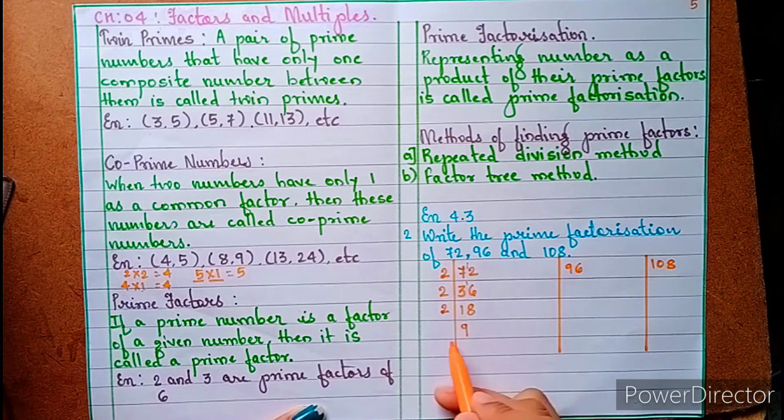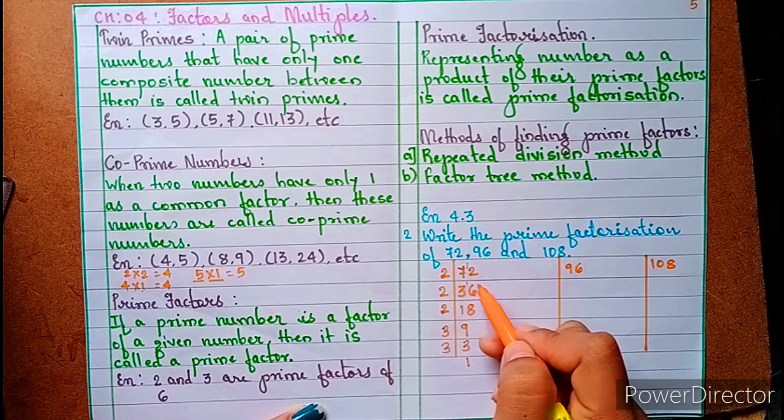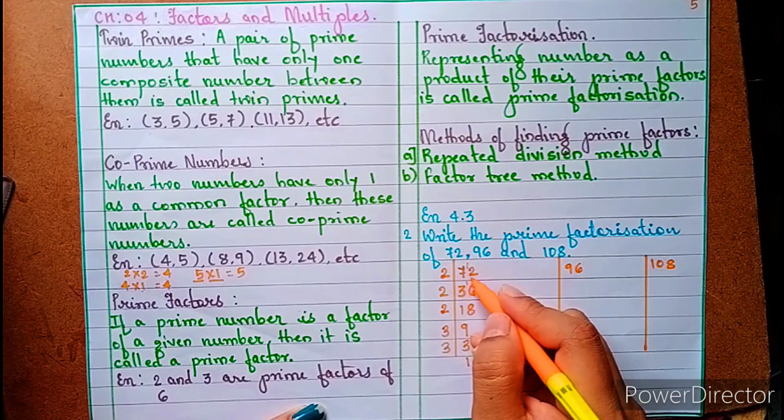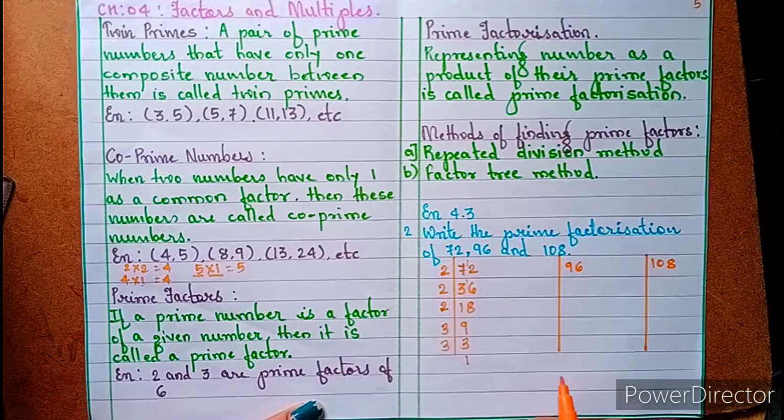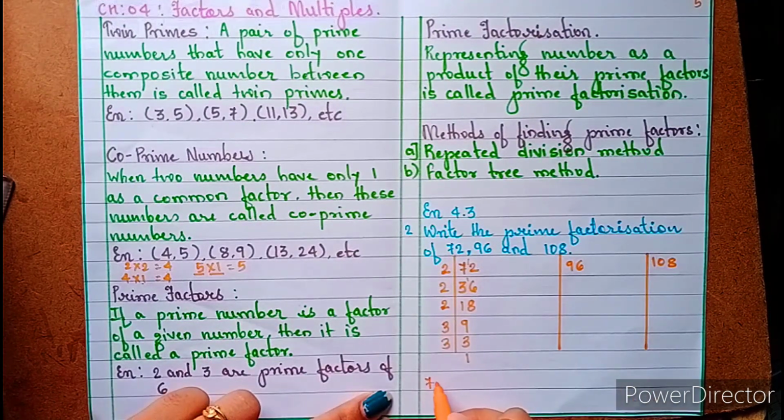Now we divide this 9 by 3, as 9 is not divisible by 2. So 3 3s are 9 and 3 1s are 3. Accordingly, we have got the factors of 72. Let's list here: 72 equals 2 into 2 into 2 into 3 into 3.